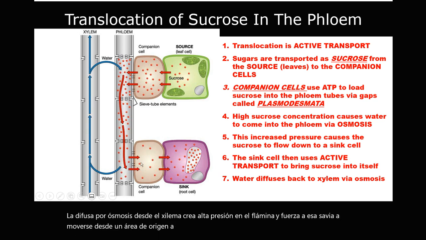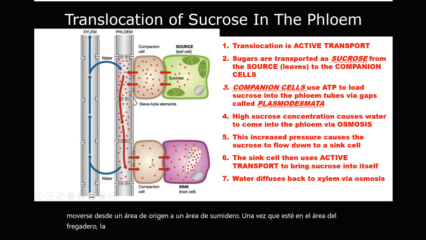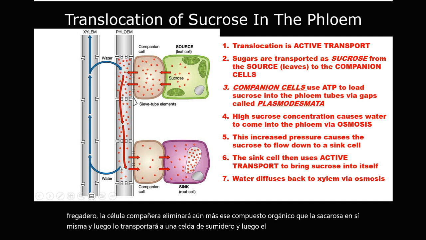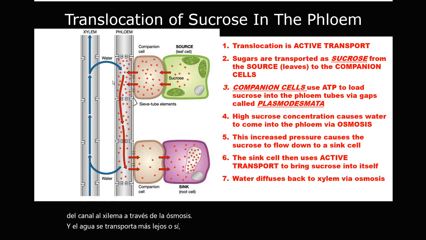Once it's in the sink area, the companion cell will then remove that organic compound, that sucrose, into itself, and then further transport it to a sink cell. And then the last step is water moving back from the phloem to the xylem via osmosis, and the water is transported up the stem via transpiration, and the cycle starts again.